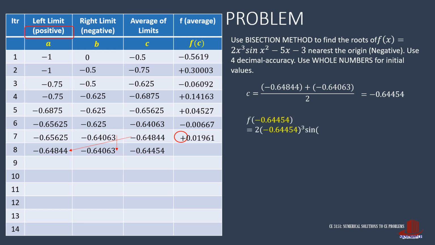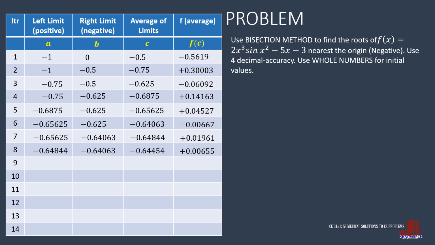Place this value for x in the function and get 2 times negative 0.64454 cubed plus sine of negative 0.64454 squared minus 5 of negative 0.64454 less 3. The result is positive 0.00655. Another 2 decimal zeros.